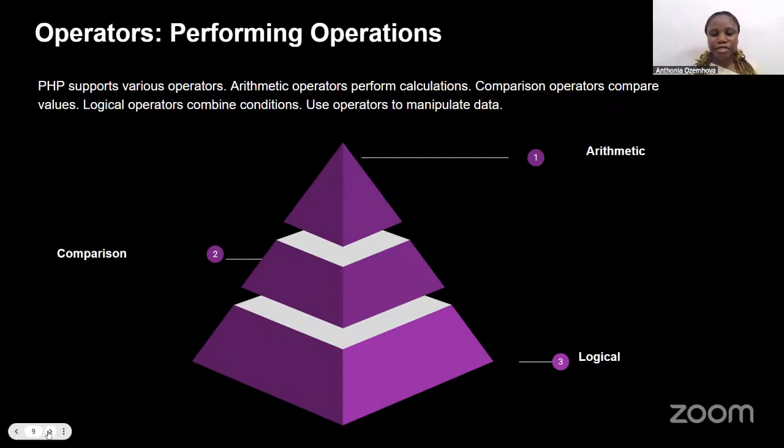We can have three placed side by side. We can have our exclamation mark and equals to. All these things have different meanings in PHP. The equals to sign placed side by side means equals to. When you place an exclamation mark in front of your equals to, it means not equal. So all these operators have different functions they perform.